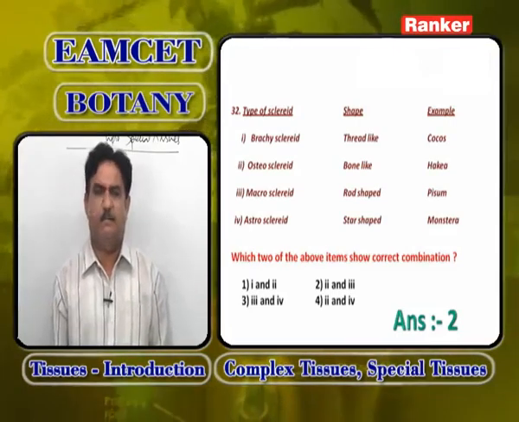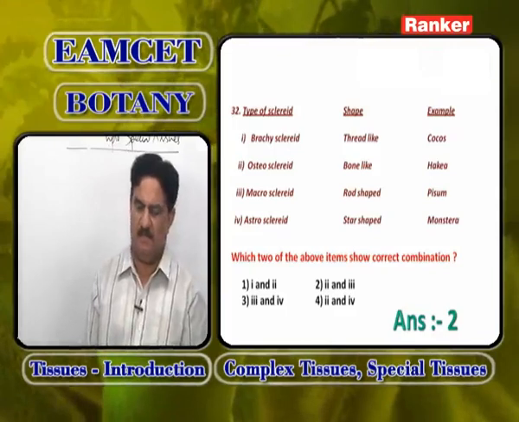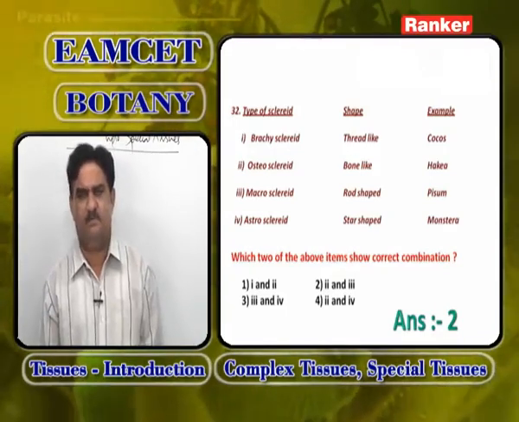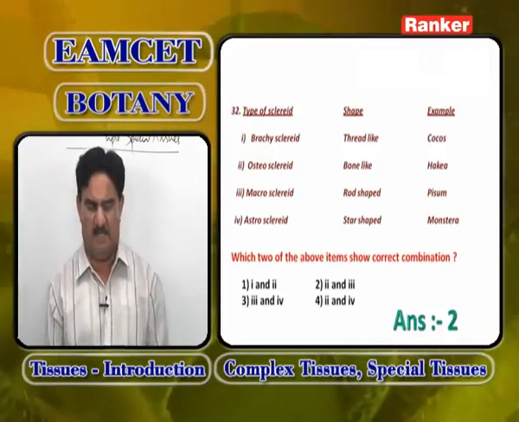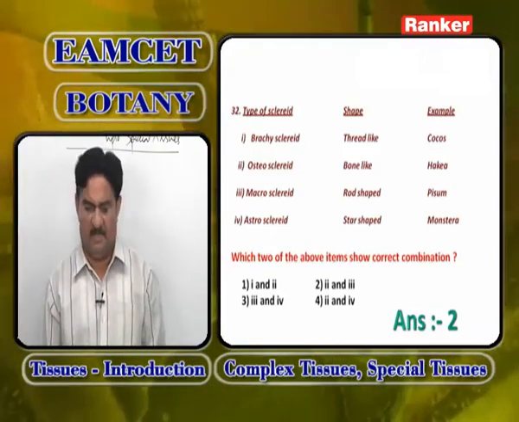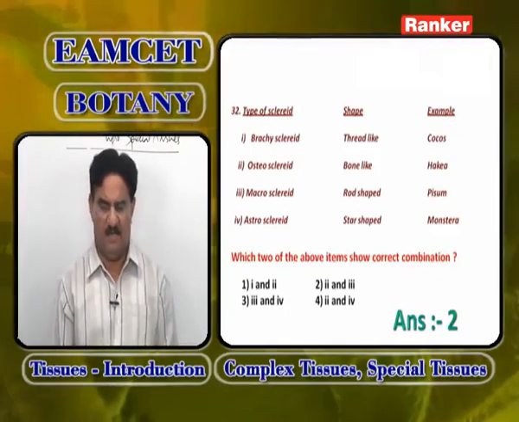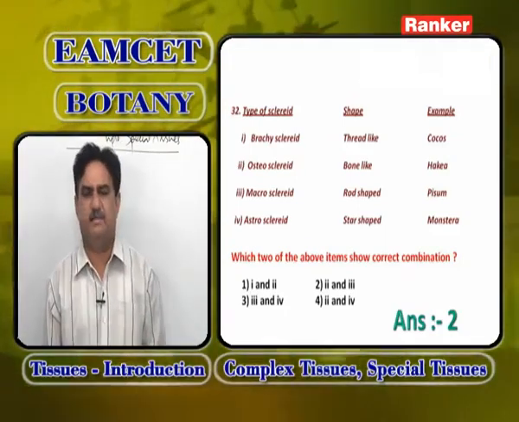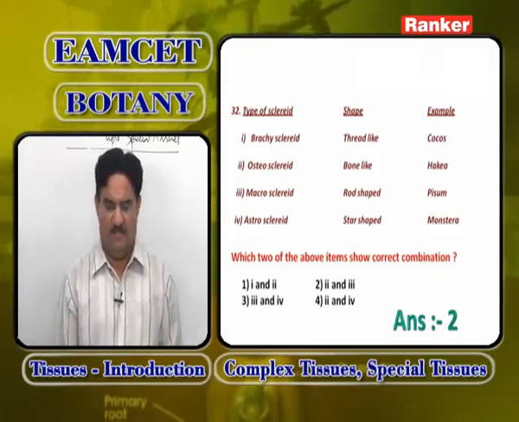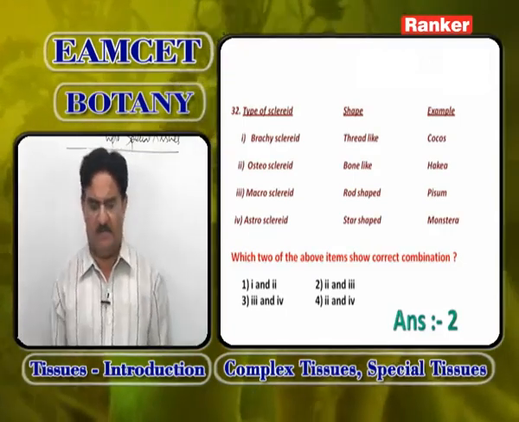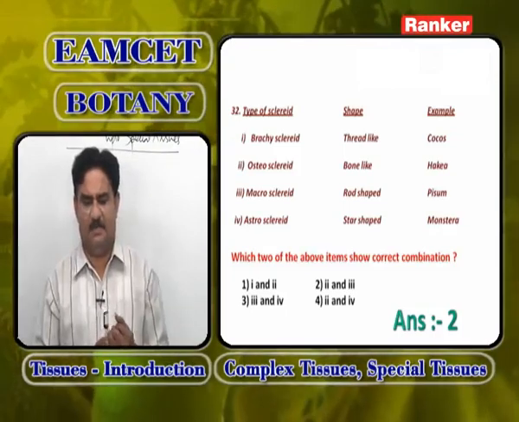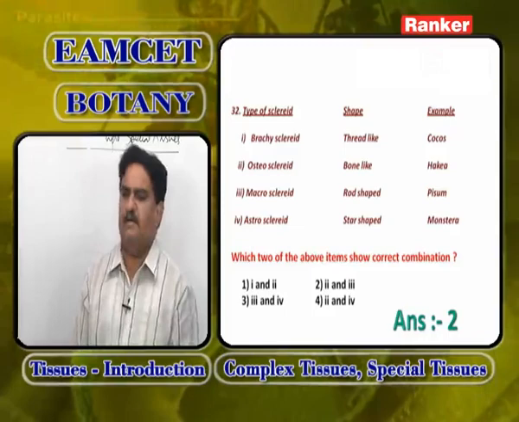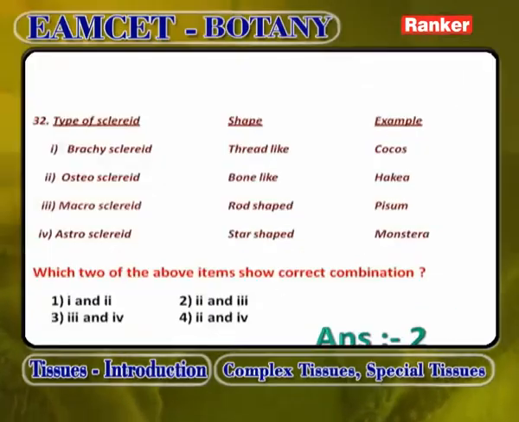Macrosclereids resemble palisade parenchyma, rod-shaped sclerenchyma cells, present below the epidermis of any pulse like Pisum or groundnut. Astrosclereid star-shaped, Monstera: Monstera shows hair-like trichosclereids, so this is wrong. So 2 and 3 are correct, which is the second option.